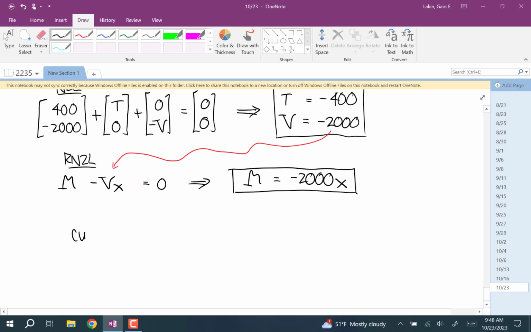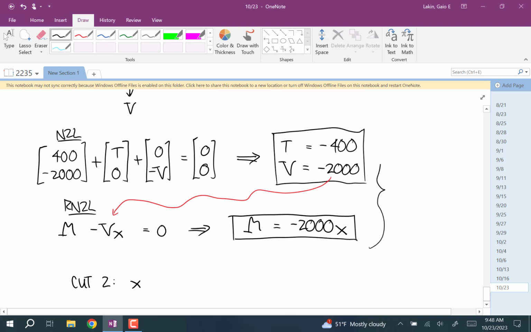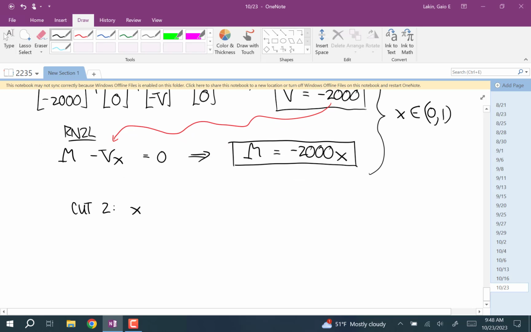And then cut 2. Remember, these functions that we got are for x's between 0 and 1 only. So these functions don't mean anything if you're outside of those x values. This is a piecewise function. Now cut 2 is for x values between 1 and 2.